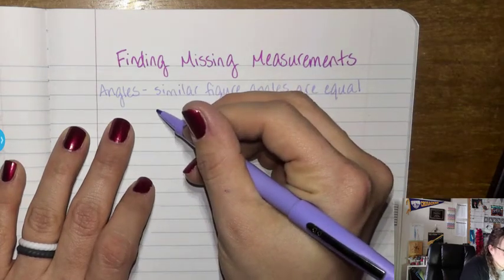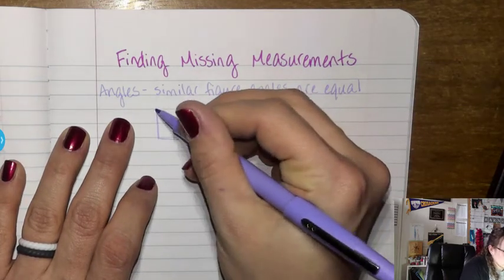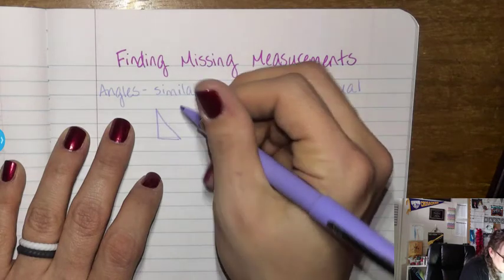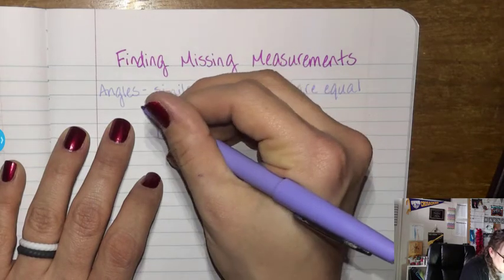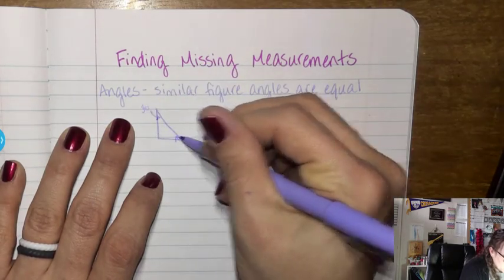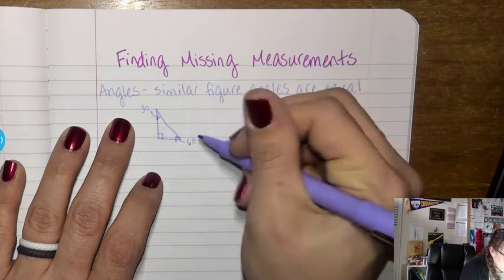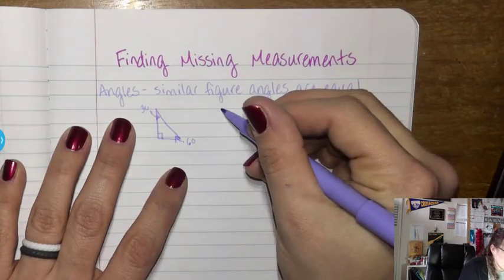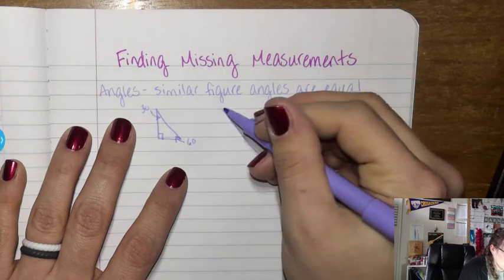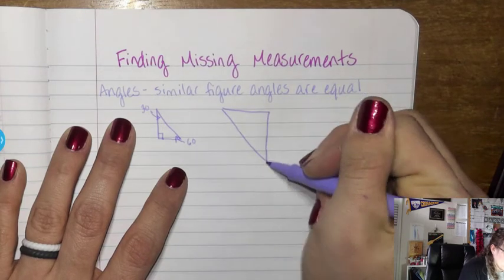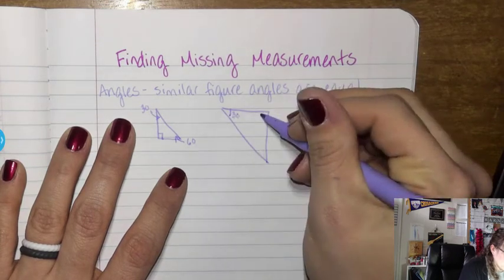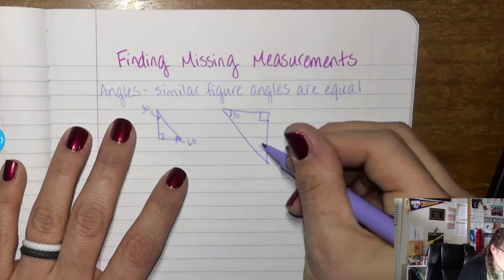So if I told you that this little triangle is 30, 60, 90, and then there's a bigger triangle over here, and I told you that this was 30, this is 90, and it says, what's this?